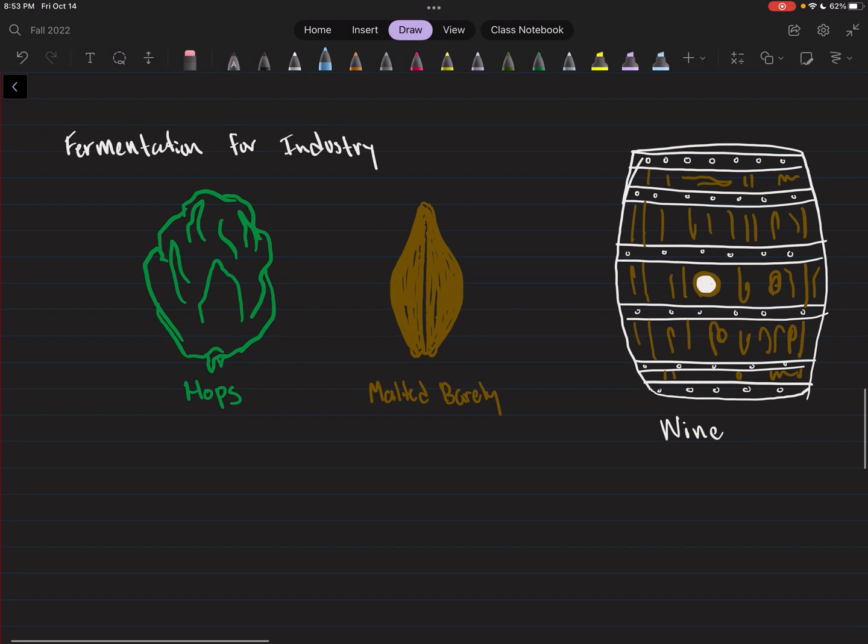Next, we go on to talk about fermentation. Fermentation is part of everyday life if you are above 21 and you drink. It partakes in creating alcohol. We have hops, malted barley, and wine as just a few examples, but it is a crucial bit of producing alcohol.